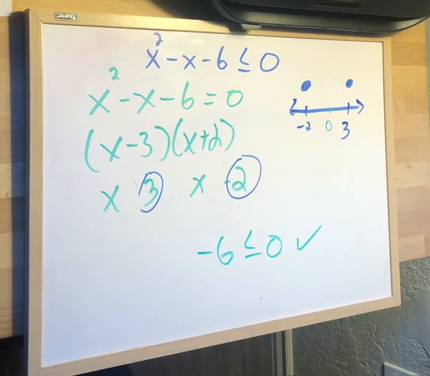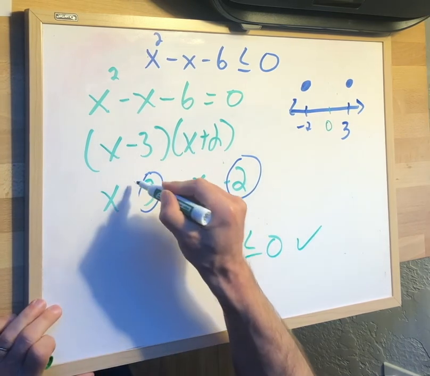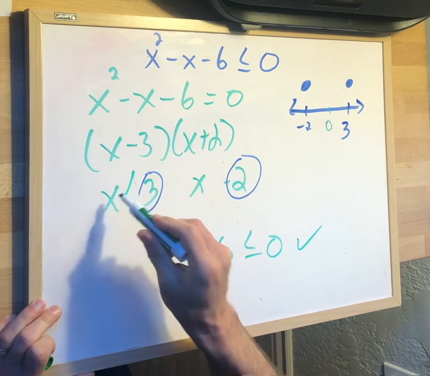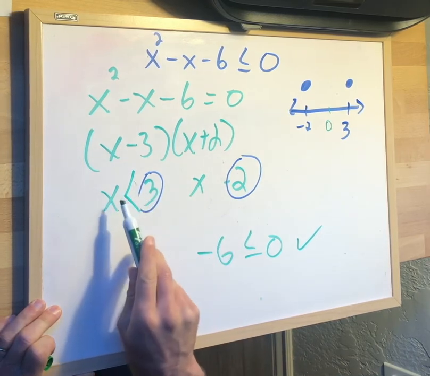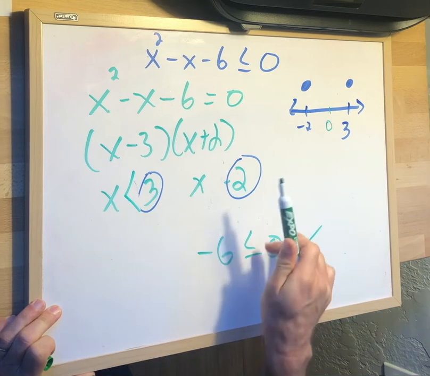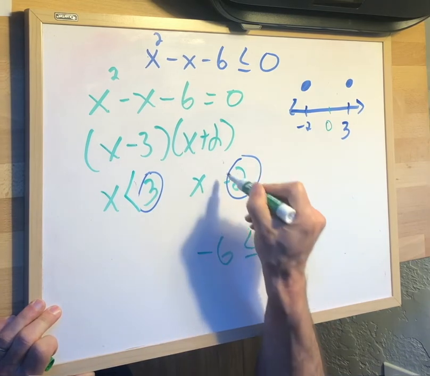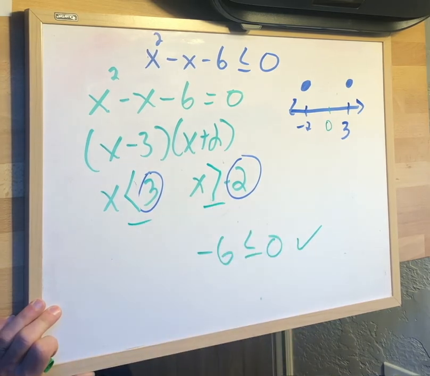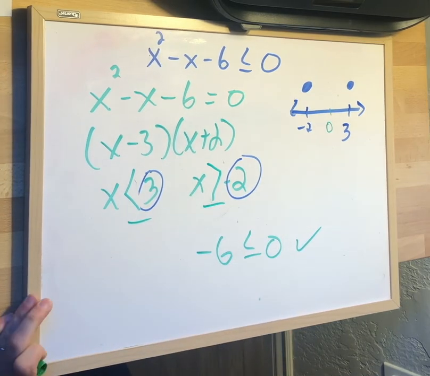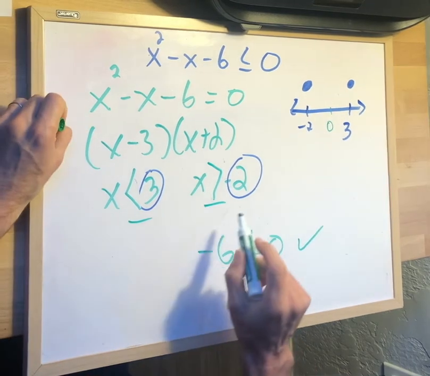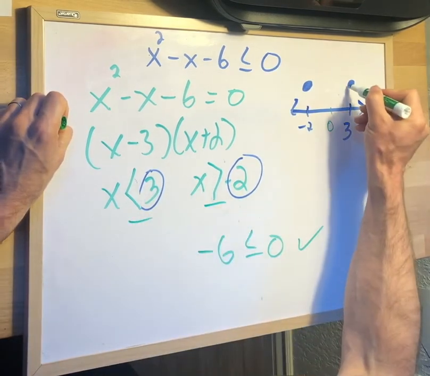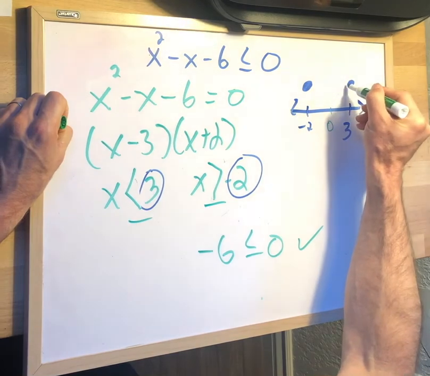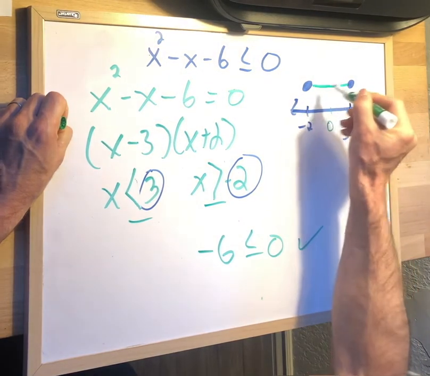So we are going to create two inequalities where 0 is included in the boundary. If we do x is less than 3, 0 is included in that. And if we do x is greater than or equal to negative 2, then 0 is included in that. So x is less than 3, but it's also greater than negative 2. This is what our solution set looks like.